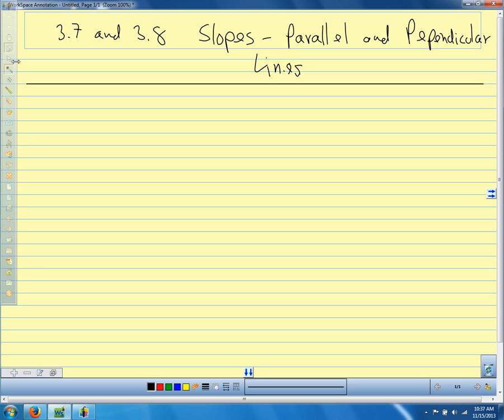Slopes of parallel and perpendicular lines. Let's start off by reviewing our equations for lines. We have two main ways that we write the equations for lines.